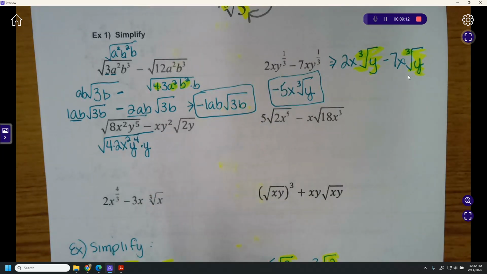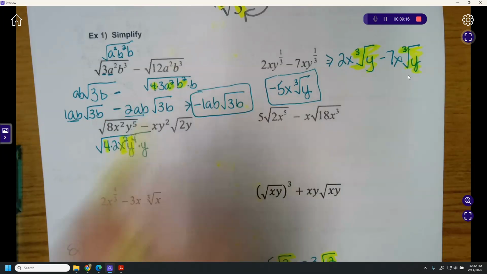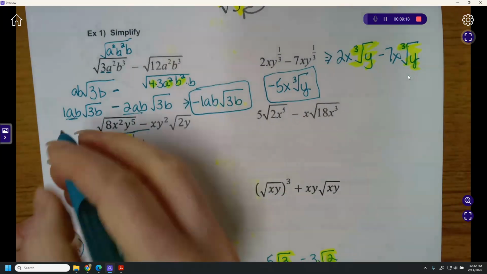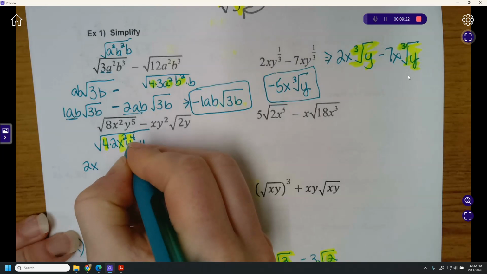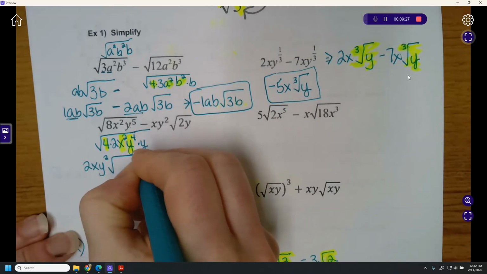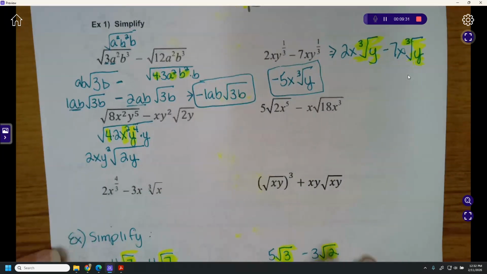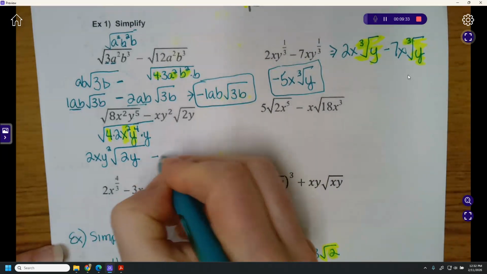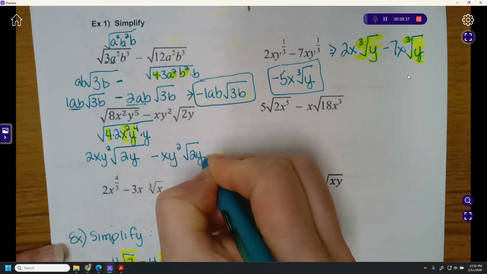I take out any perfect squares. So the square root of 4 is 2. The square root of x squared is x. The square root of y to the 4th is y squared. Underneath the radical, I have the square root of 2y. Over here, I have minus xy squared times the square root of 2y.